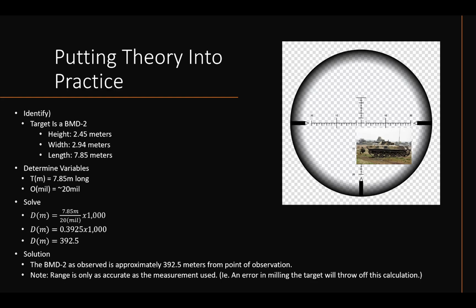Again, I cannot stress enough, the accuracy of this is predicated on your accuracy of measuring how many mils you see in your optic, as well as your ability to actually perform the math. And many units carry a calculator for just that reason, or calculating the size of charges. Do the math.